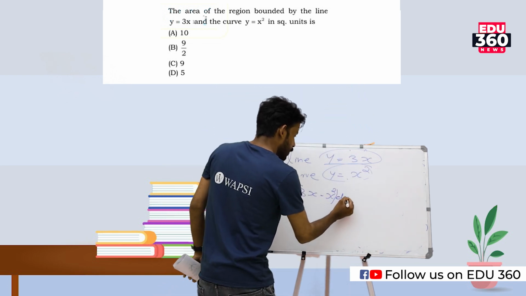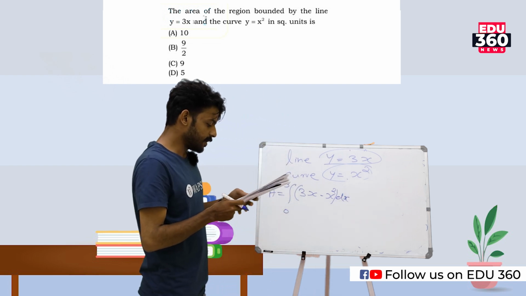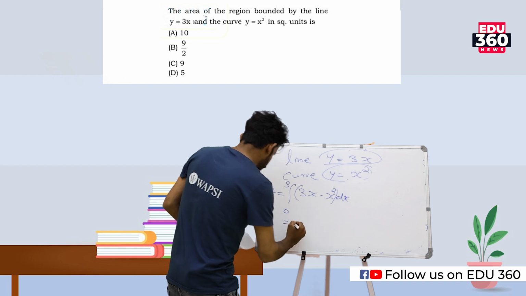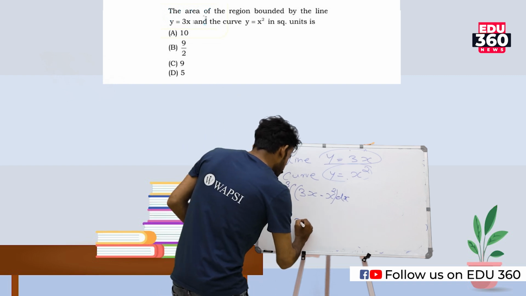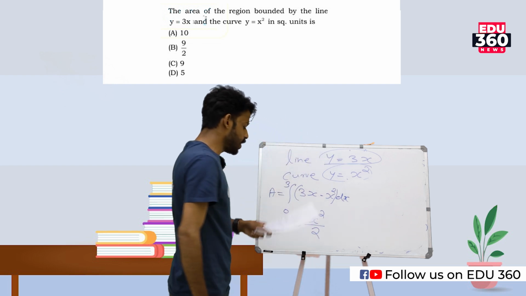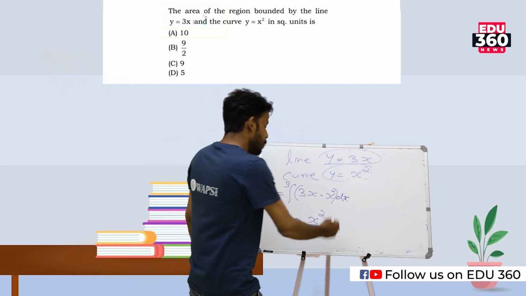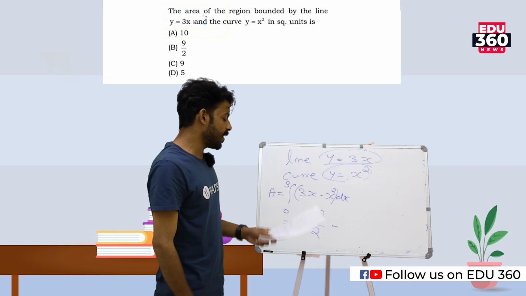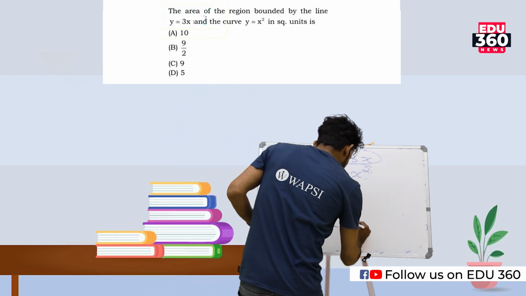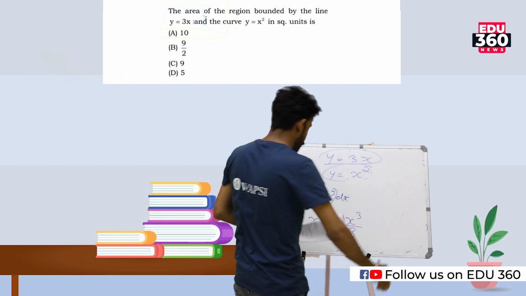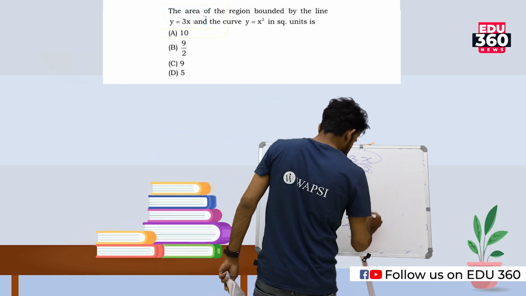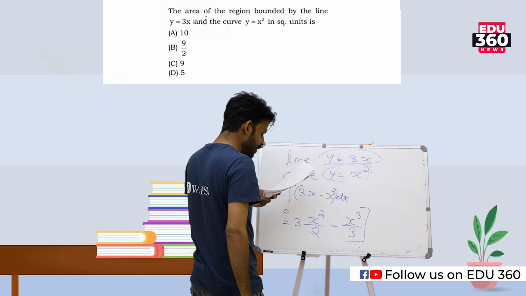So that is equal to, taking 3 common outside, 3 into x square by 2, minus the integral of x square dx, that is x cube by 3, with limits 0 to 3.